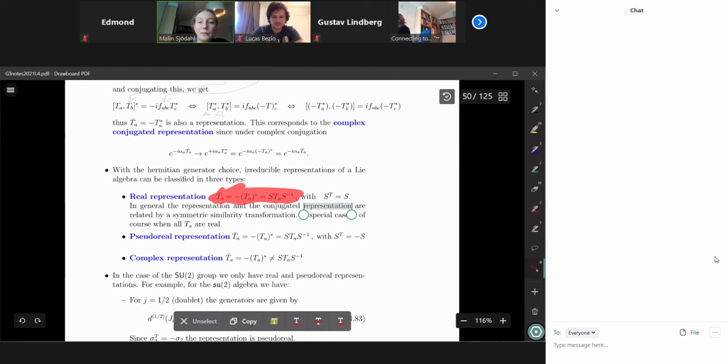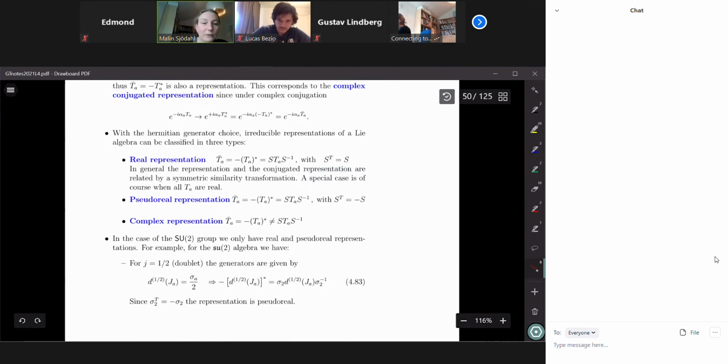We do not always necessarily have that because complex conjugation cannot always be put in the form of a similarity transformation. But if it can, and if we have this property that for the change of basis matrix S transpose is S, then we say that we have a real representation. If instead we have the same sort of relation, but with S transpose being minus S, then we say that we have a pseudo-real representation.